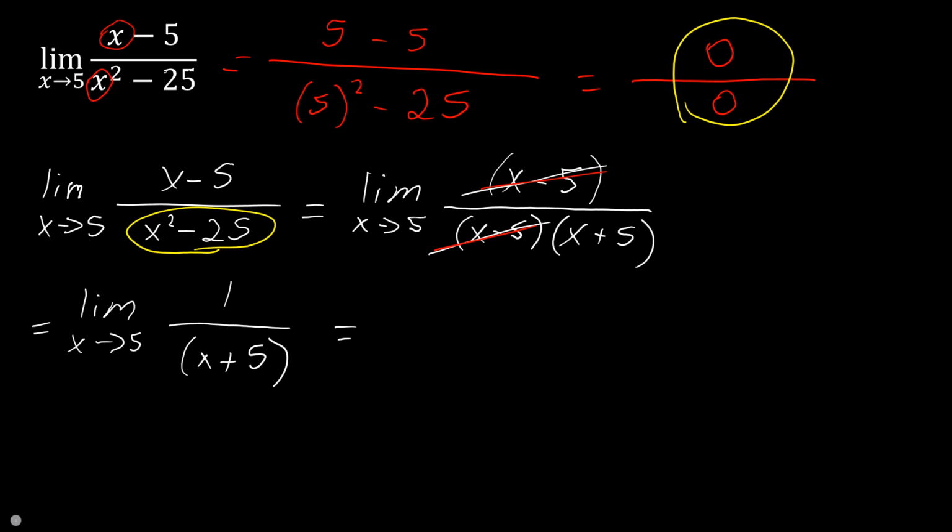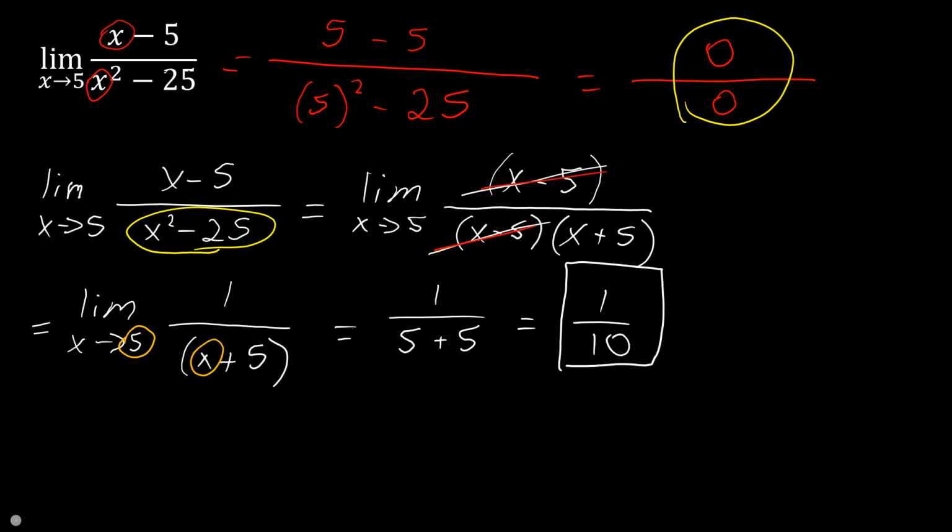And now we can substitute. So we're going to take this 5 here, plug it into x. That's going to be 1 over 5 plus 5, which equals 1 over 10. And there is your answer to that limit.